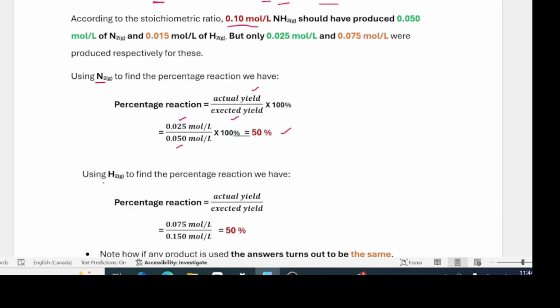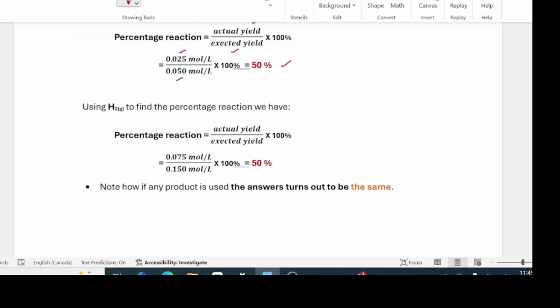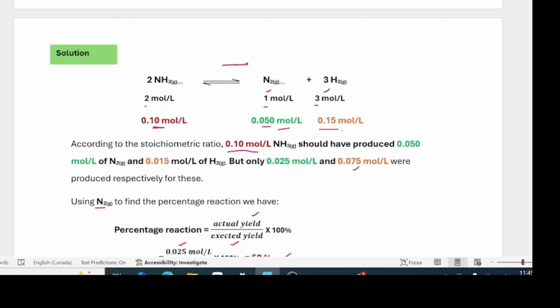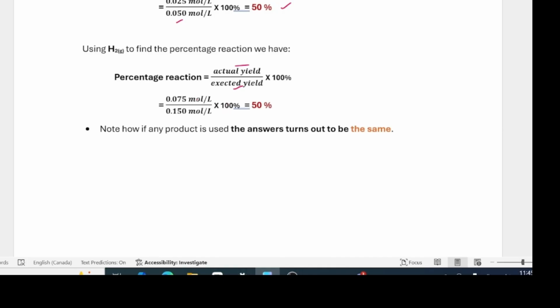Using hydrogen to find the percentage reaction, again, we take its actual yield, divide by its expected yield. That was the actual yield, and that was the expected yield, and you multiply by 100%, and again, it turns out to be 50%. So note how, if any product is used, the answer turns out to be the same.